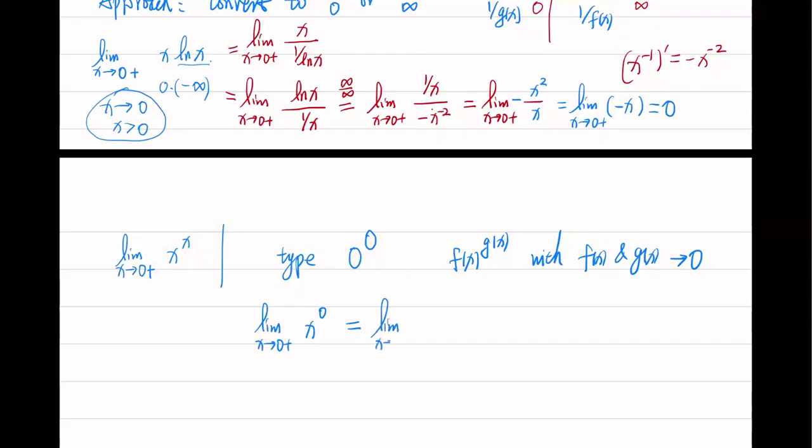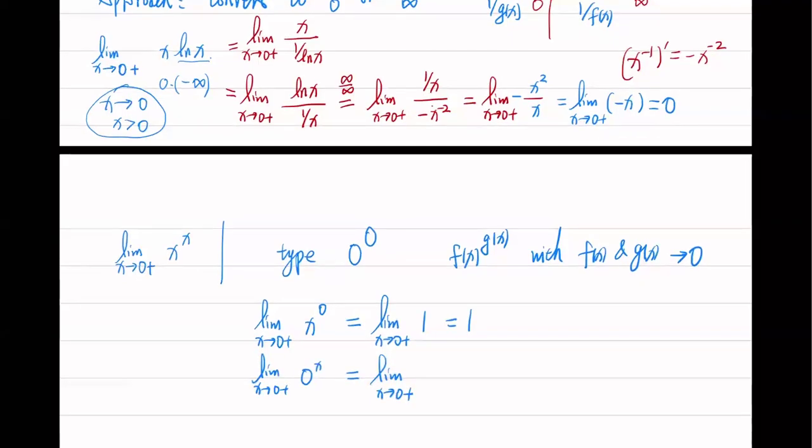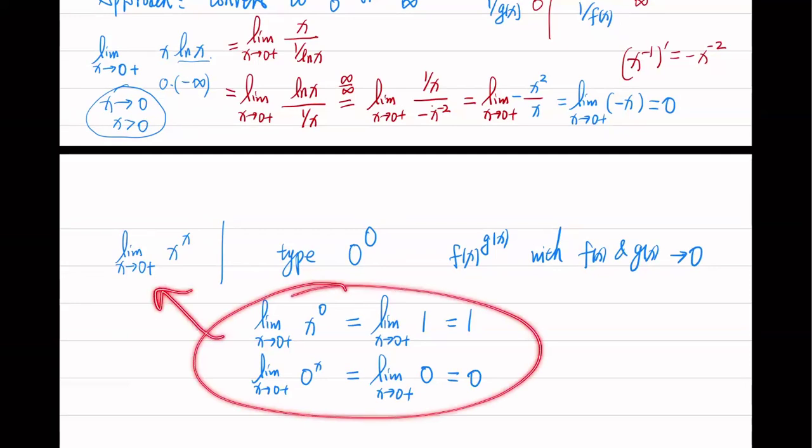When x is positive, the limit of 0 to the x, what's this limit? 0 to a positive power is still 0.